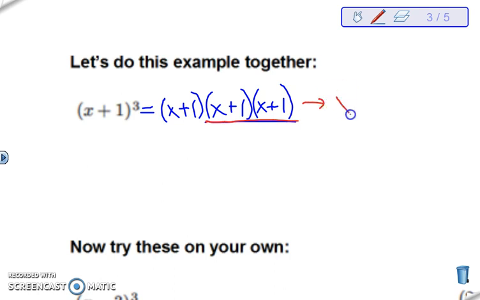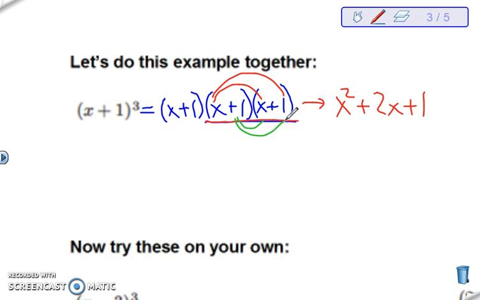So if I distribute the second 2 parentheses, that's going to give me x squared plus 2x plus 1. Because again, that's x times x to get x squared, x times 1 to get x, 1 times x to get x, which would add to 2x, and then 1 times 1 gets me 1.